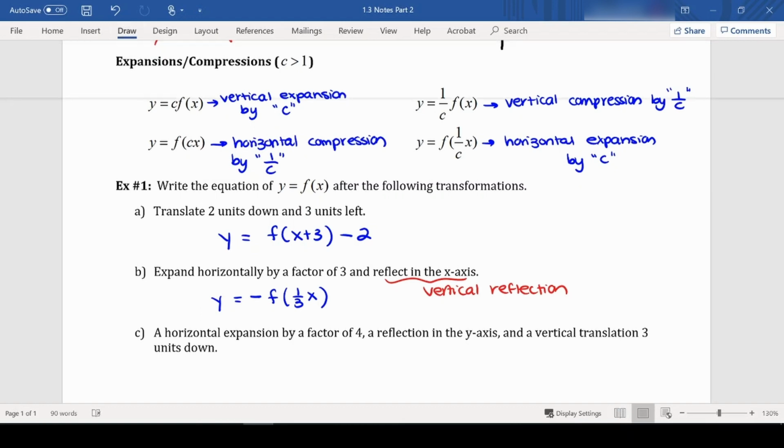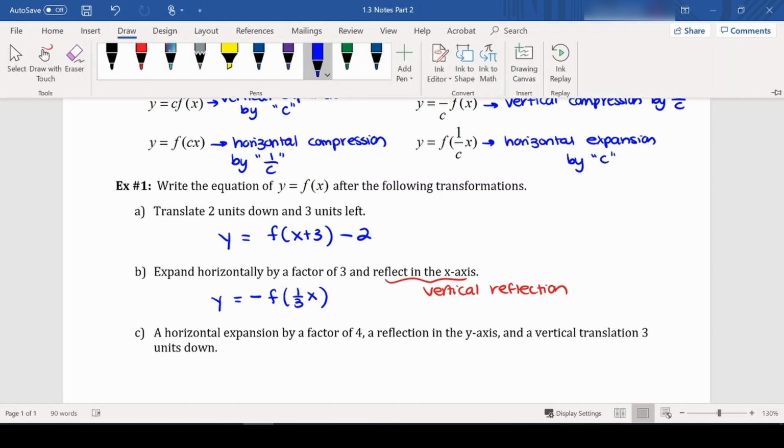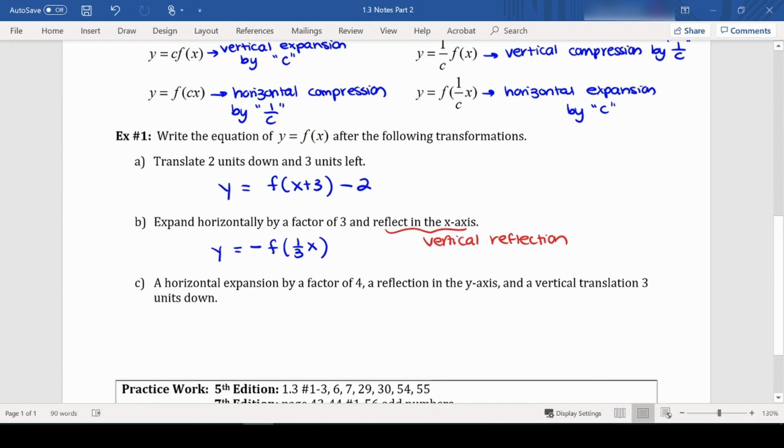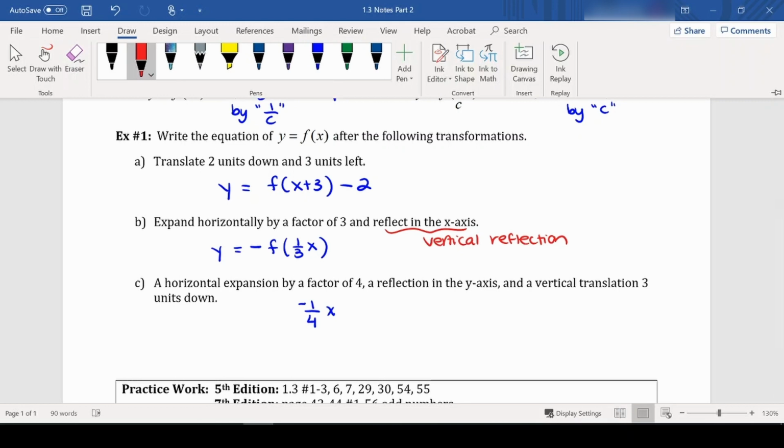Okay? If you wanted to do a horizontal expansion by a factor of 4, this would be 1 over 4x. A reflection in the y-axis is a horizontal reflection, meaning the negative goes inside with the x.